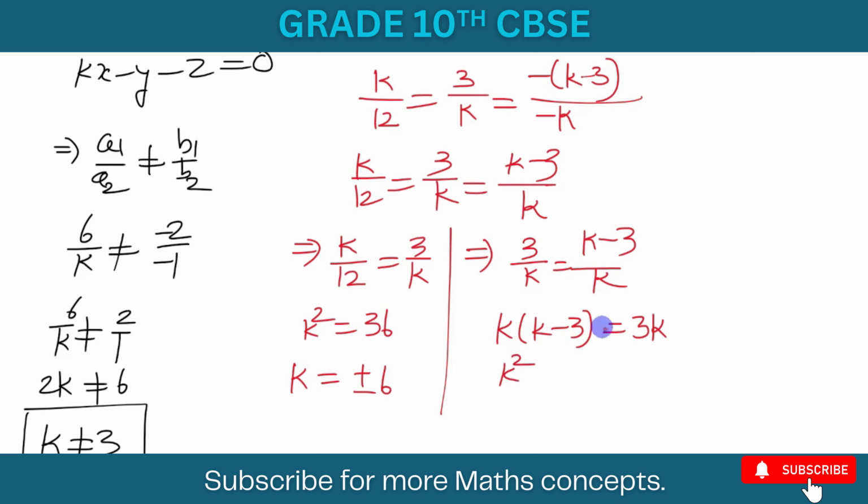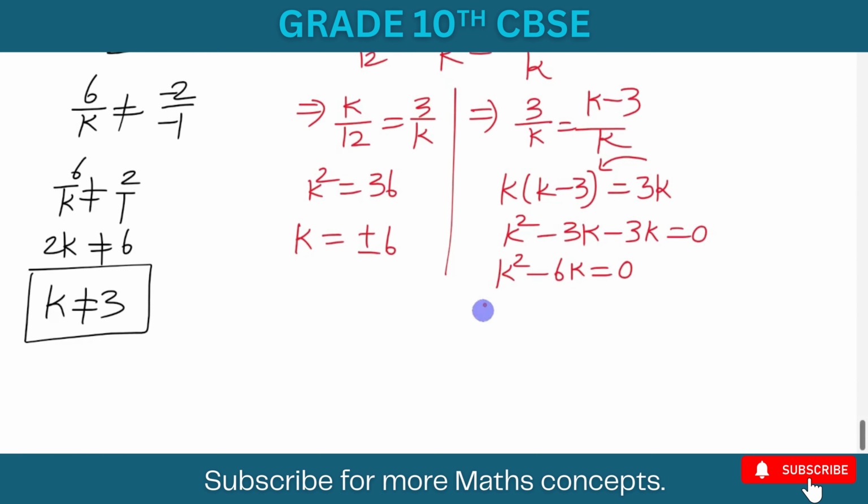According to the distributive property, k squared minus 3k, and 3k we transfer to that side, so negative 3k. So k squared minus 6k. We can factorize. Take k common, so k times the bracket k minus 6. The product of these two is 0, so either k is 0 or k minus 6 is 0. So here k is positive 6.